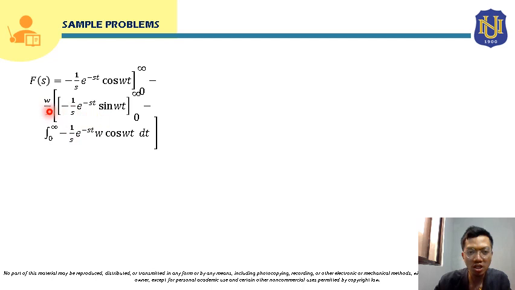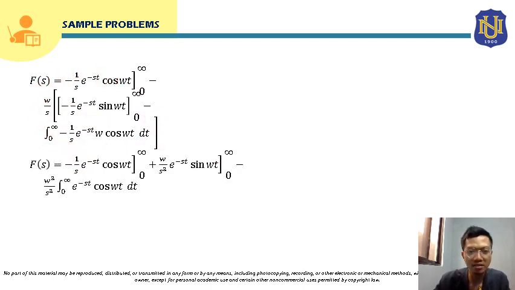Okay, so from here we will simplify this. We will multiply negative w over s by this, which is negative 1 over s. So that will be negative w over s times negative 1 over s, which will be positive w over s squared e raised to negative st sine wt.